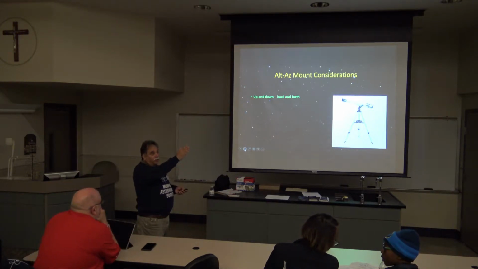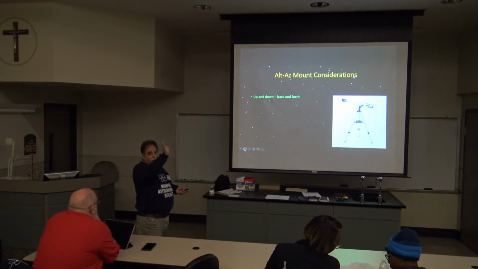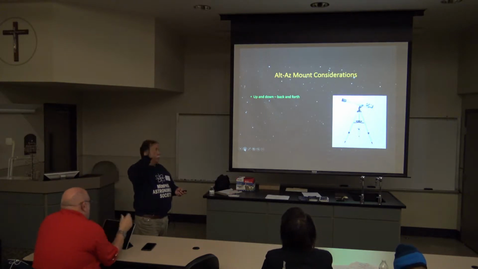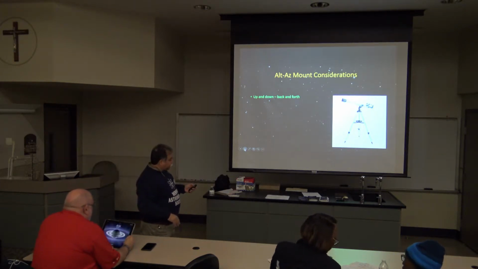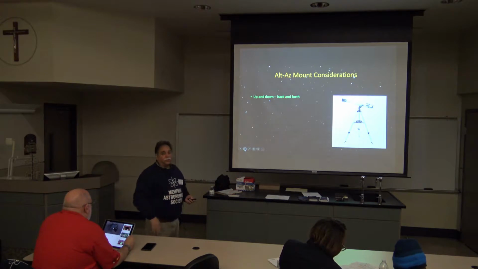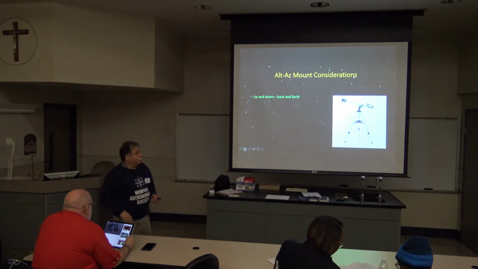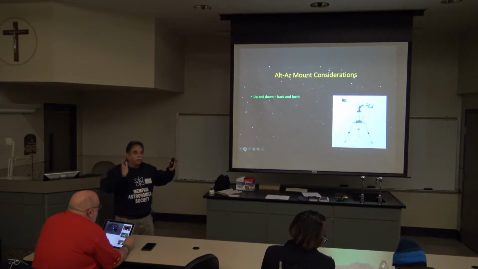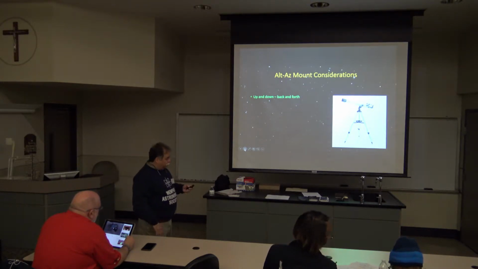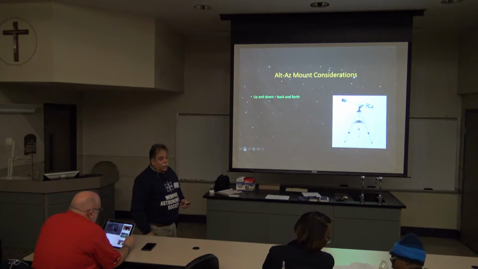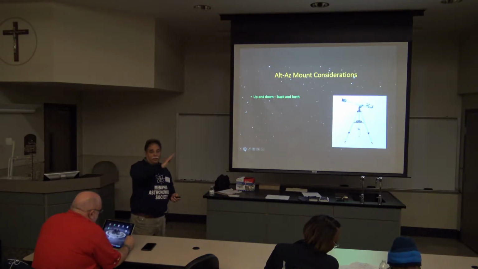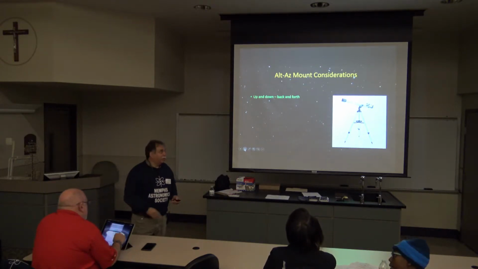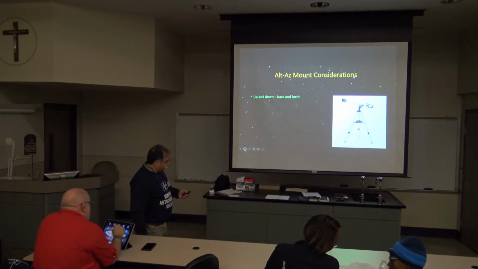If you want to follow it, you have to do two movements, one up, one to the right. These mounts are good for observing at wide angle, where the object will not shift too fast. But it's not good for high power observing, because the object will move very fast out of your field of view and you won't be able to see anything.